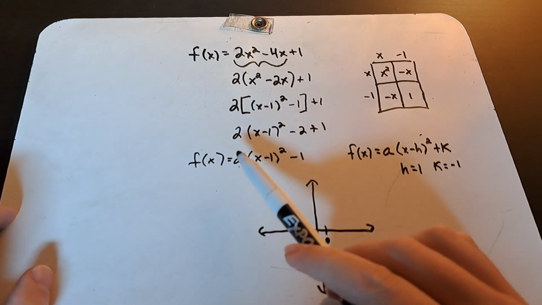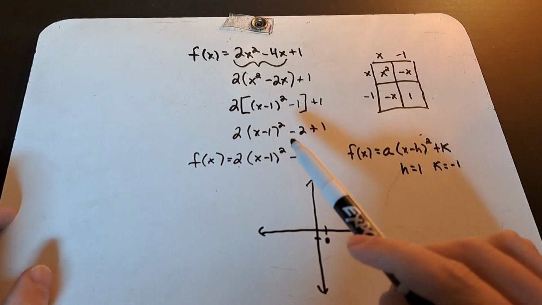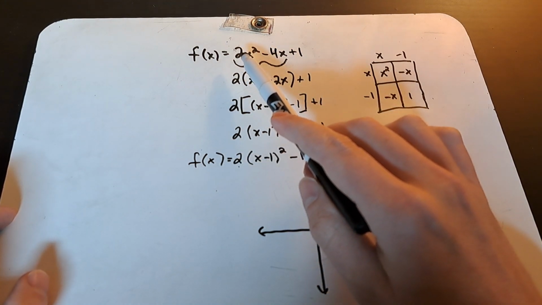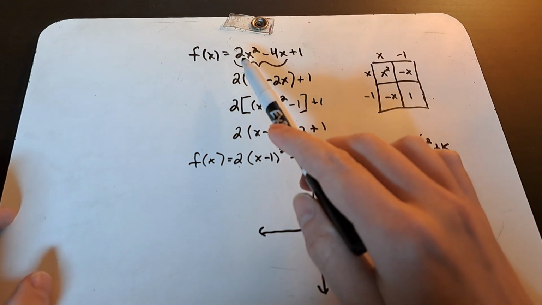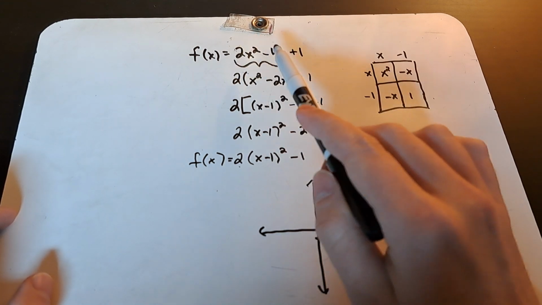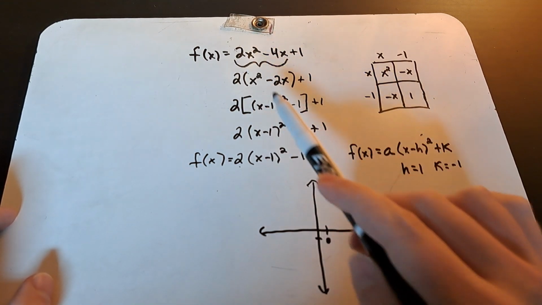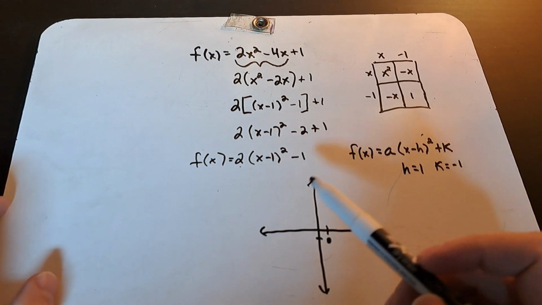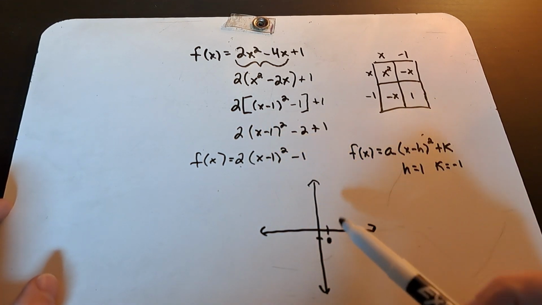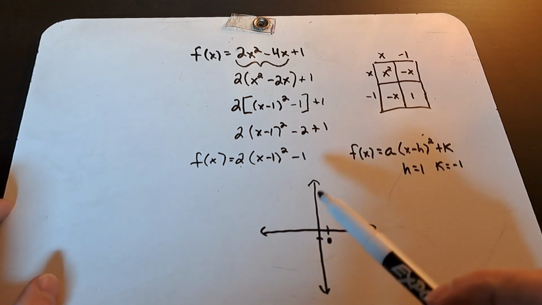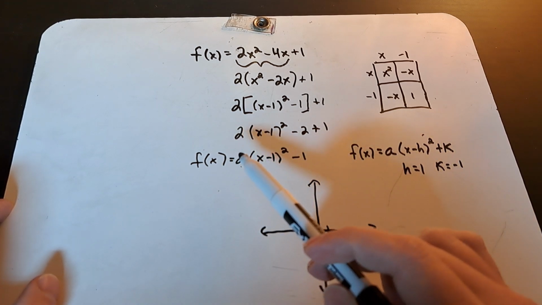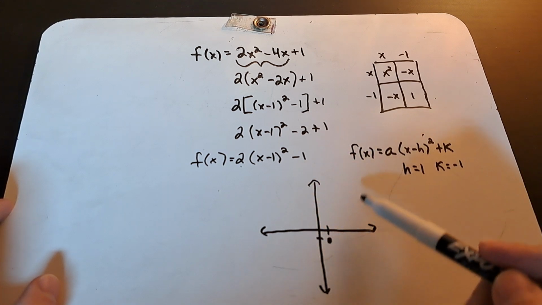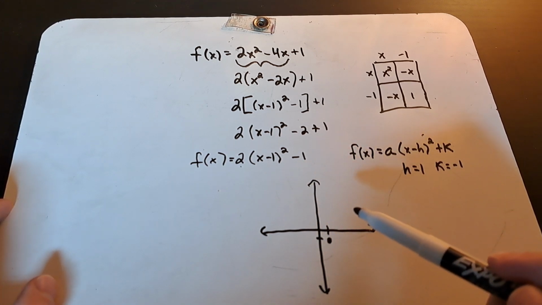Now, it's interesting because realize that the a value here is also the a value in the original function itself. When we think of the quadratic equation, we have a, b, c. Well, this a here also corresponds to this a here. And what this tells us is this function is being stretched up by 2, and because this number is positive, we're not flipping the equation in any way, it's just a positive parabola here.